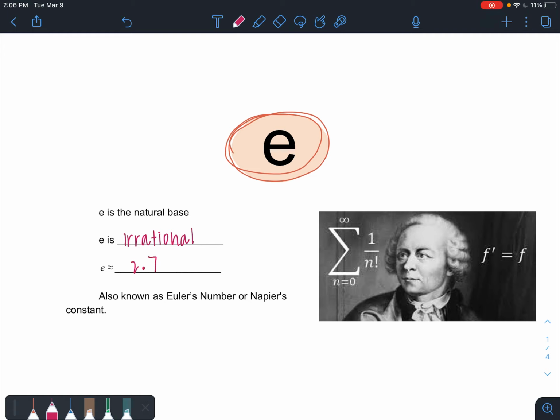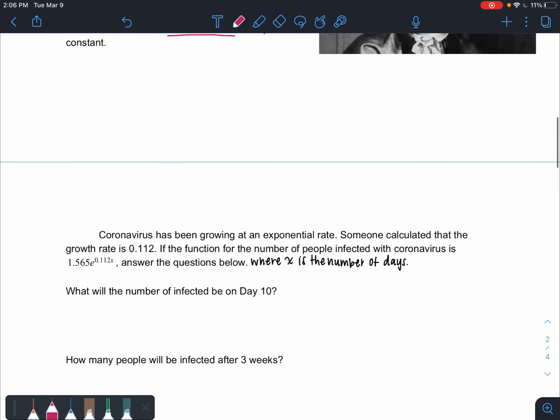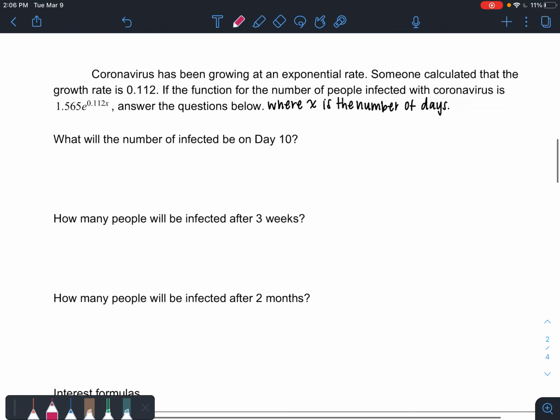But we will just write it as about 2.72, rounded to the nearest hundredth. It can be called Euler's number or Napier's constant, but most of the time you'll just hear it as e.